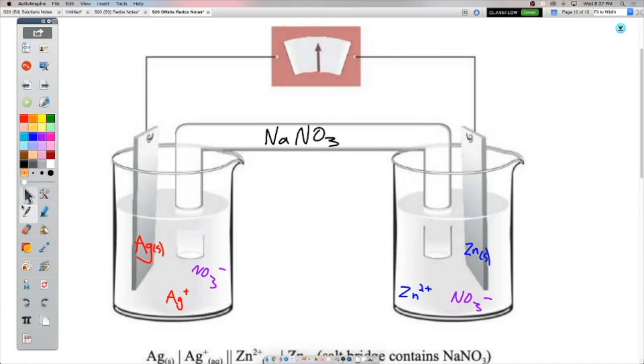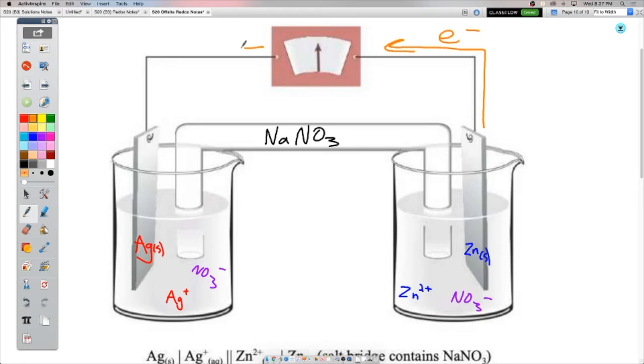You pause it and take the time to find it, or if you've already found it, silver is definitely above zinc. So these silver ions are going to take electrons from the zinc. So which way are electrons going to flow? I always think step one, just figure out what the electrons are going to do and then draw that in. So here go the electrons, e minus.